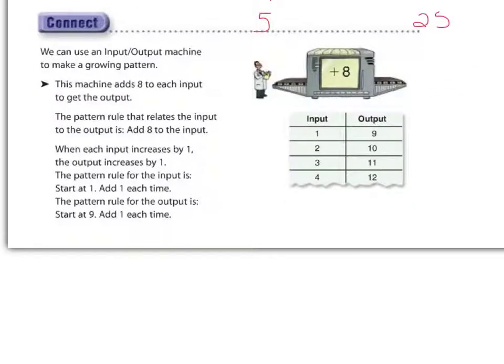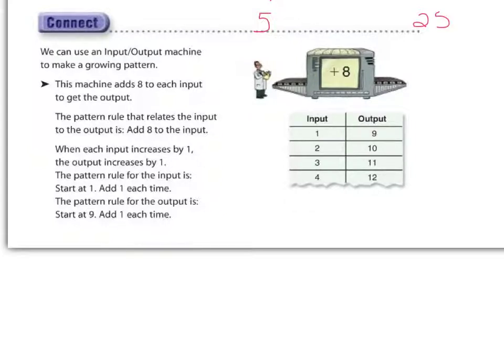All right, we're going to look at a couple of different input-output machines. This first one is asking us to add 8. That's our rule. Each time we are relating the input to the output by adding 8. So input to output, add 8 should give us our output. 1 plus 8 is 9.